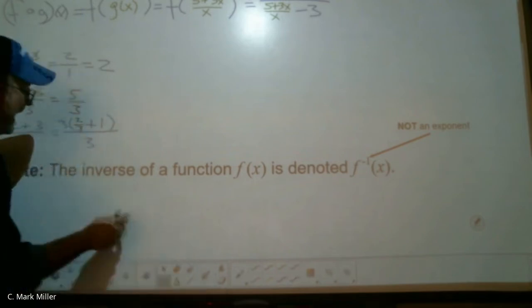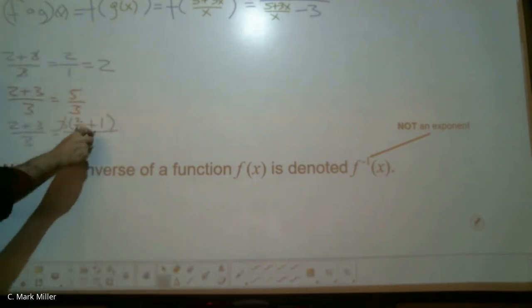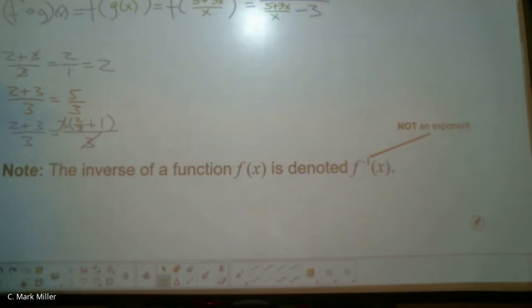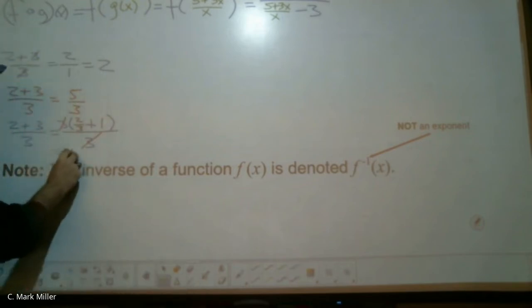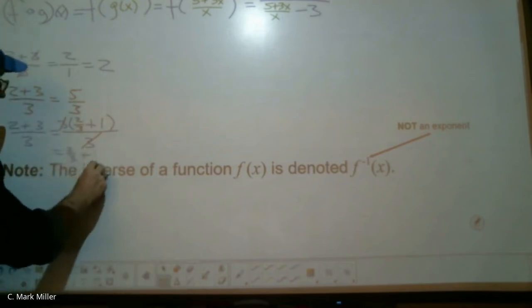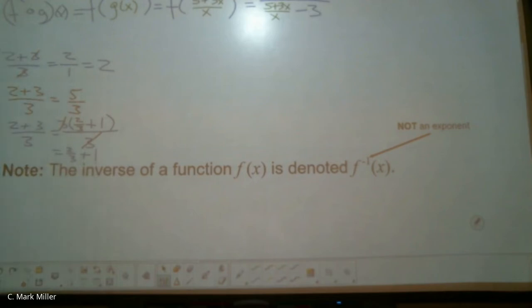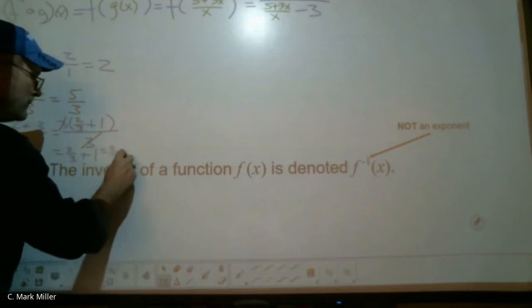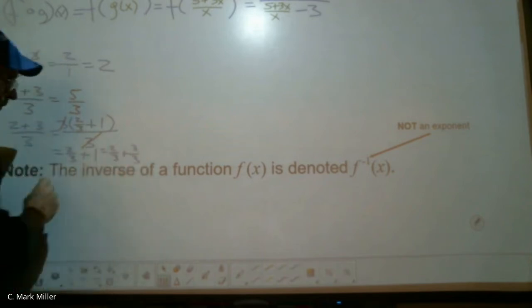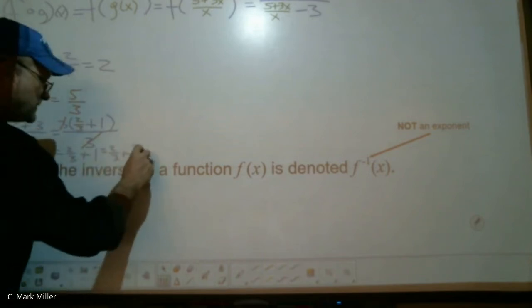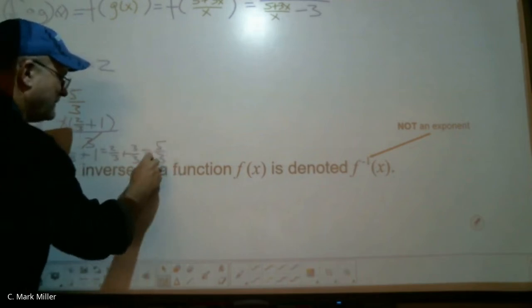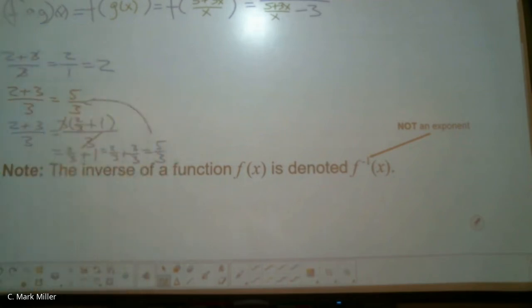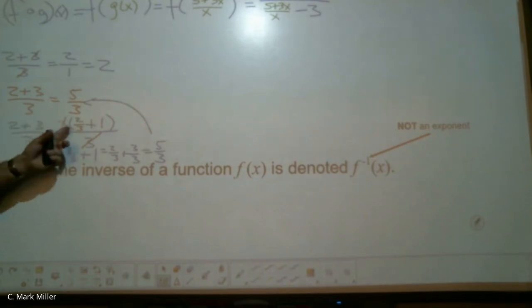And so there, 3's a factor there and a factor there. You can cancel 3's. And so this will equal 2/3 plus 1. 1 is 3/3, right? And that's 5/3. That's the same thing you got that way. So the 3's this way are a factor, and so it comes out the same.